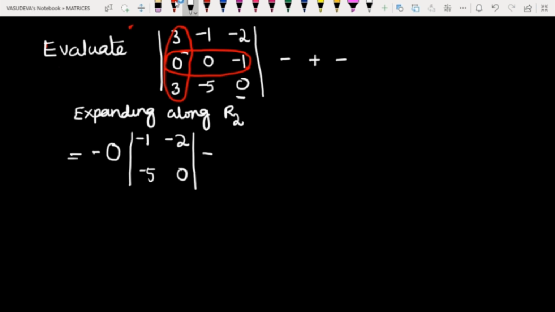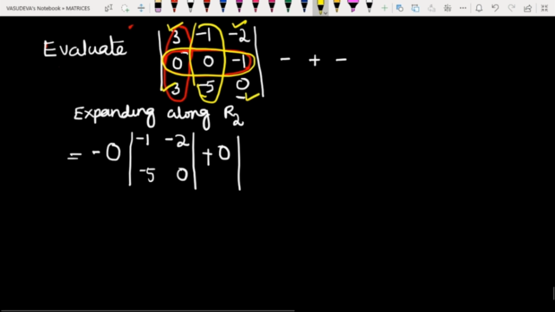Now plus the second element in the second row is 0. Now writing 0, this 0 lies in the second row and the second column. Now let us take the remaining elements: 3, -2, 3, 0.